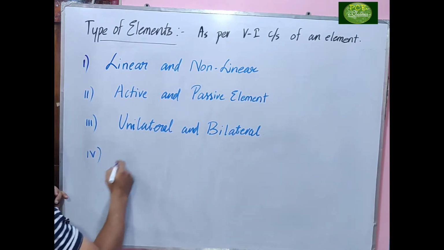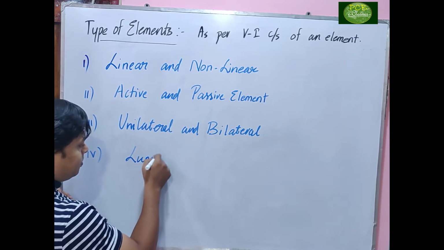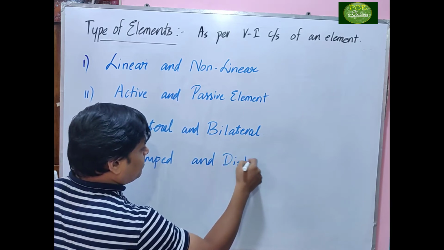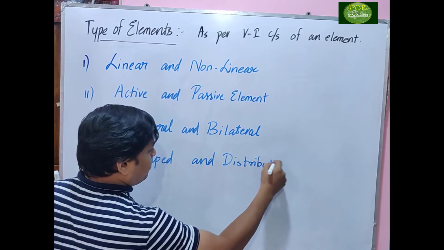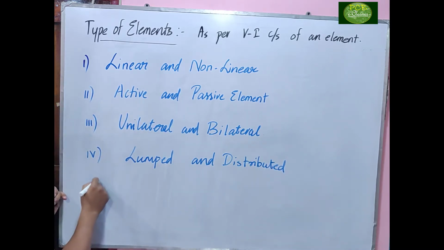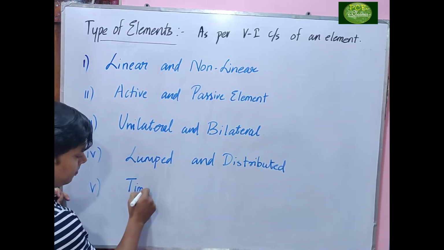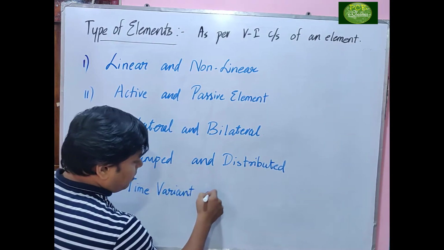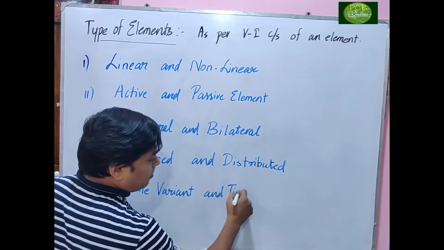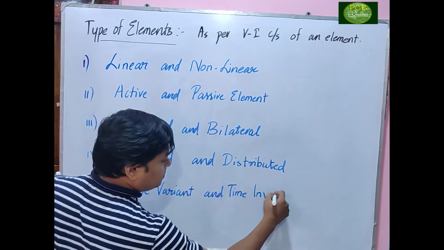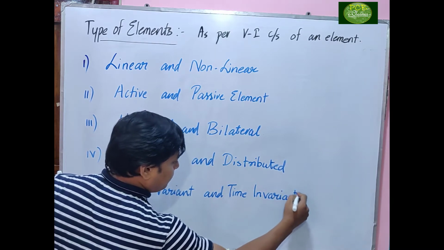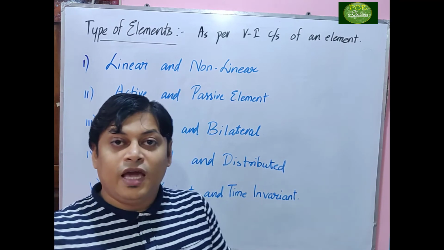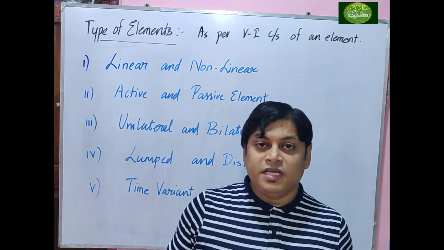Fourth one is lumped and distributed, and the fifth one is time variant and time invariant. These are the 5 classifications of the element as per the VI characteristic. Fine. So we will see one by one.